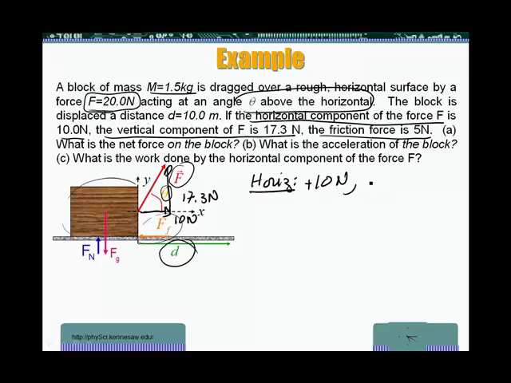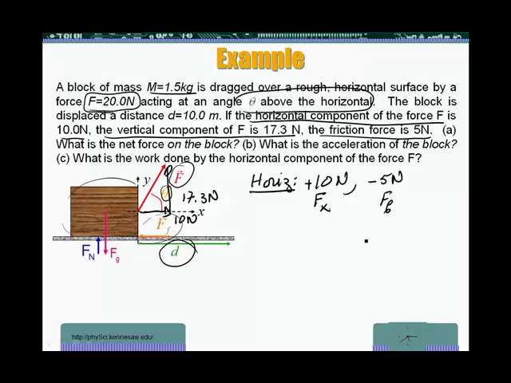And then we have the minus 5 newtons, the friction. So this is, let's call it Fx for the 10 newtons. And then we have Ff for the friction, the minus since it's pointing in the opposite direction. And that's it.